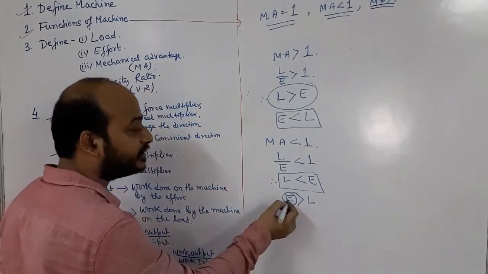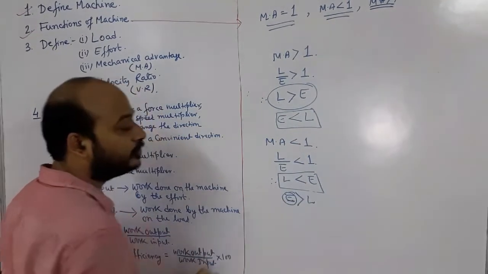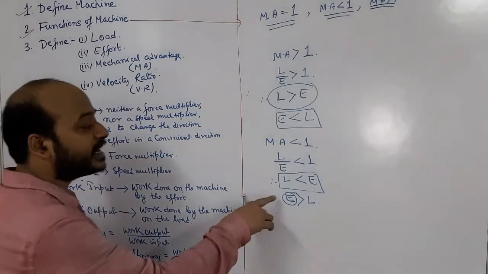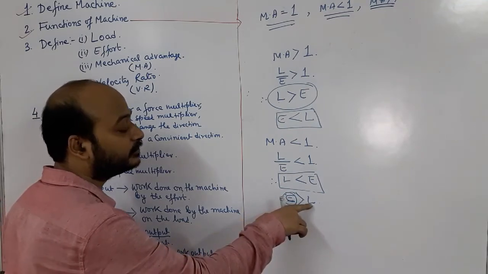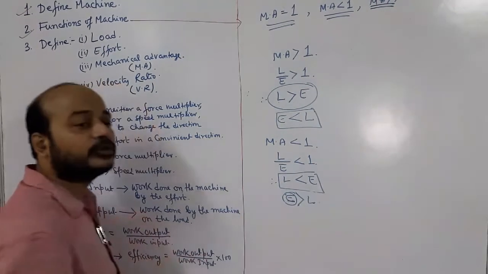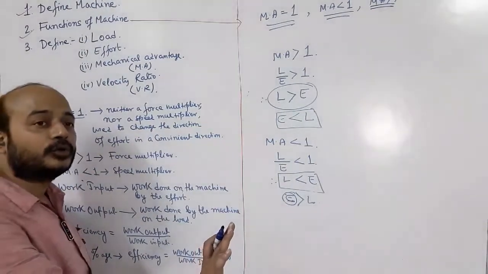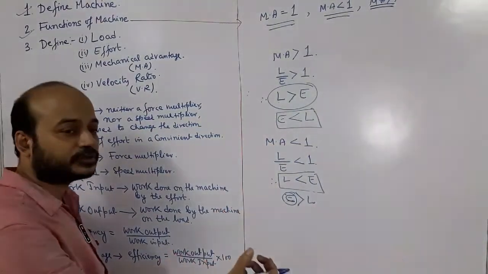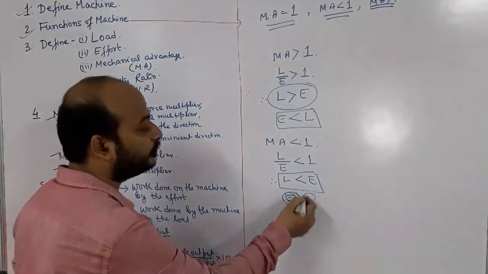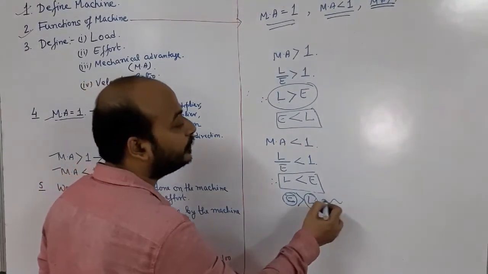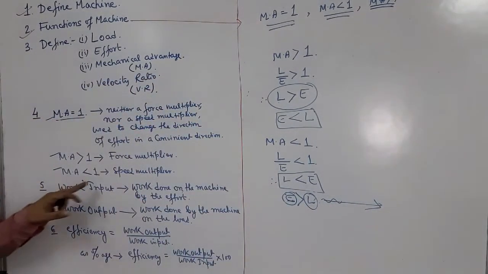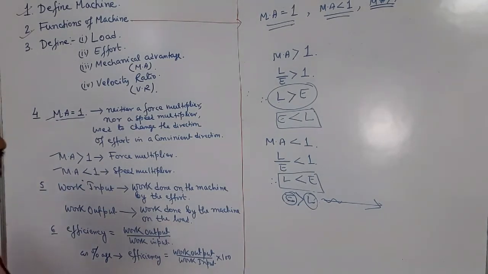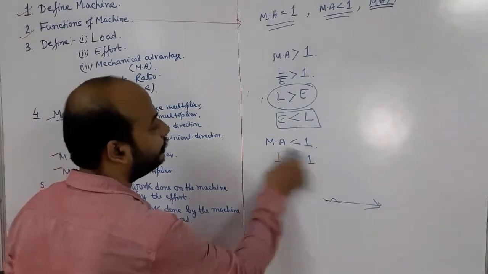So when a large force is applied to move a lesser force, the load will move at a higher speed. Therefore we say that if the mechanical advantage of a machine is less than 1, it acts as a speed multiplier.